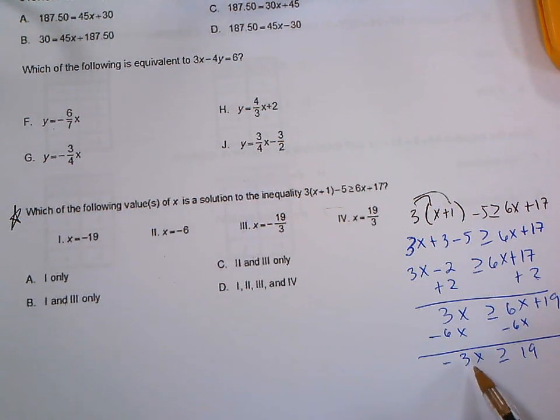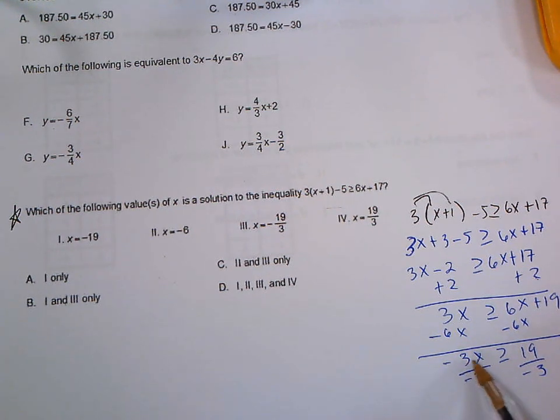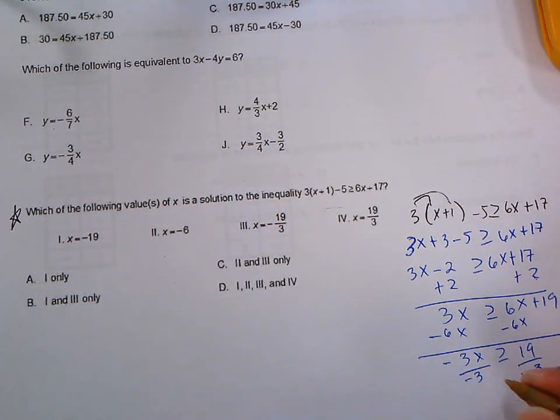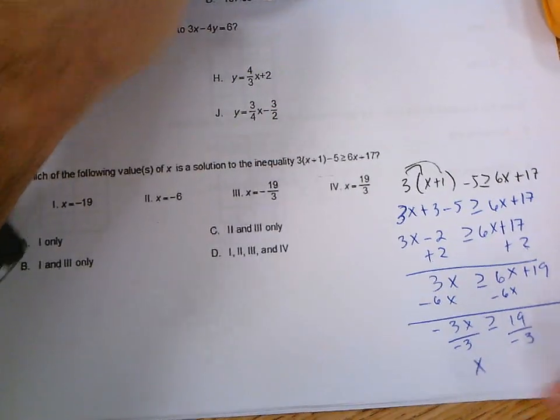And lastly, in order to get rid of that negative 3, I'm going to divide by negative 3, because negative 3 is multiplying x, and the opposite of multiplication is division. The other thing that I will do is flip the sign, and this is true every time that we multiply or divide by a negative number.